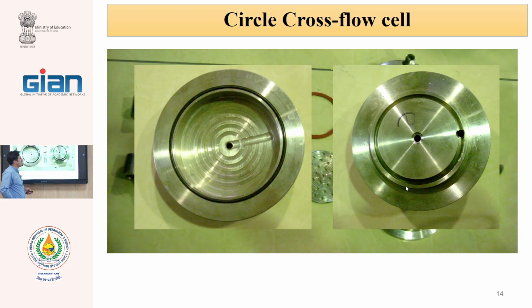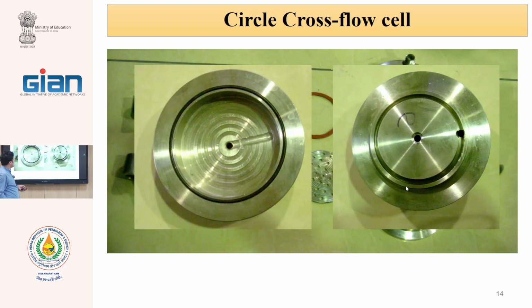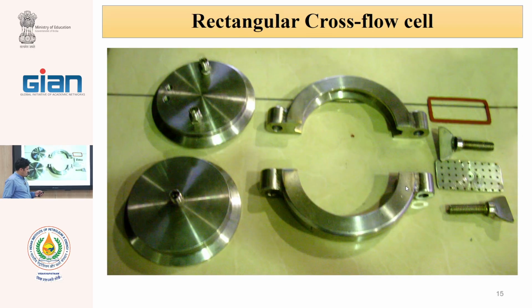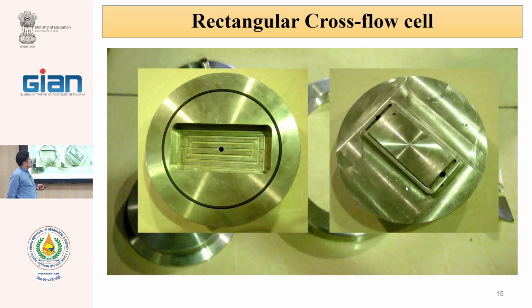Therefore, we have a cross flow on the membrane surface. This is a clamp for keeping them together. In some circular cells also, the effective area can be rectangular.